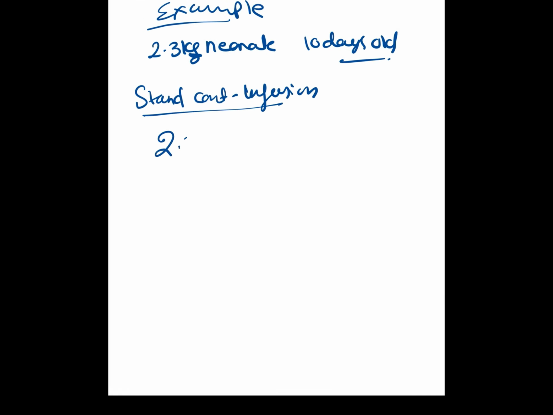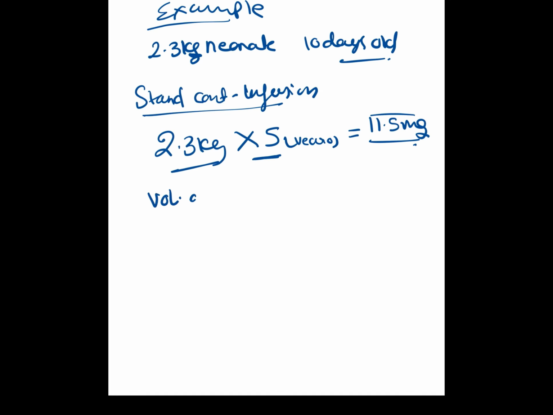Okay, let's have a quick example. Suppose you have a 2.3 kg neonate who's 10 days old and you want to start a standard continuous infusion. As I told you, you have to take 5 mg per kg of reconstituted Vecuronium. So for the weight of 2.3 times 5 is 11.5 mg we need. Now, what did I tell you about the reconstitution?